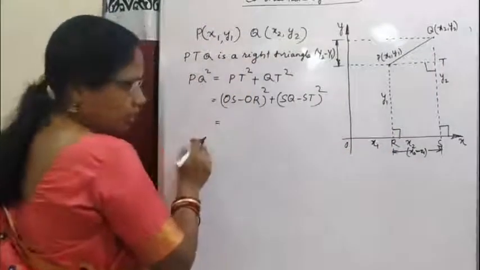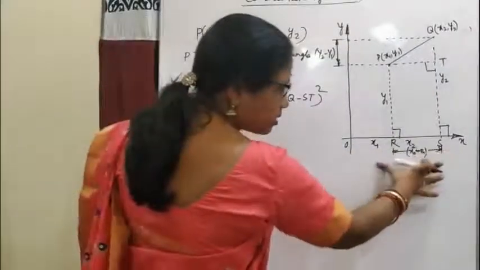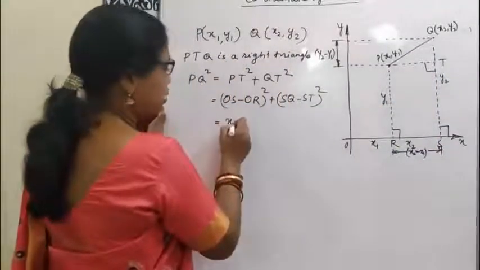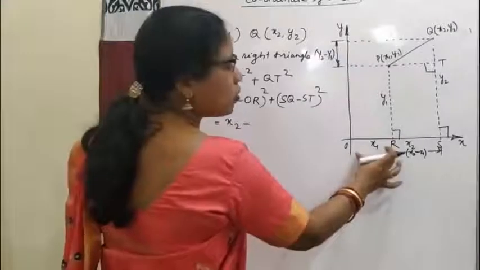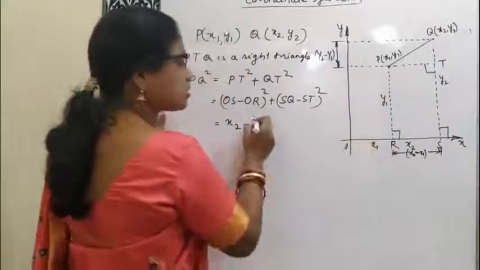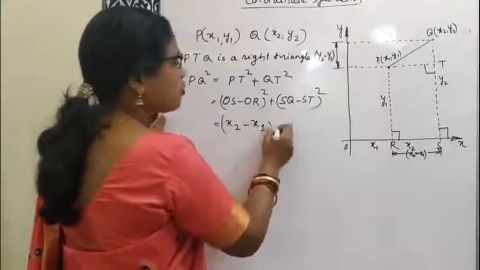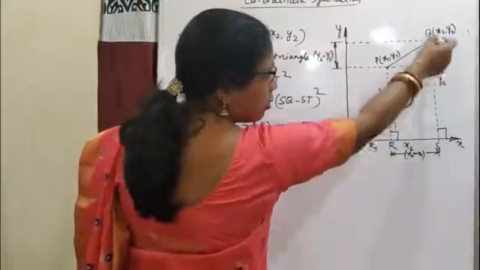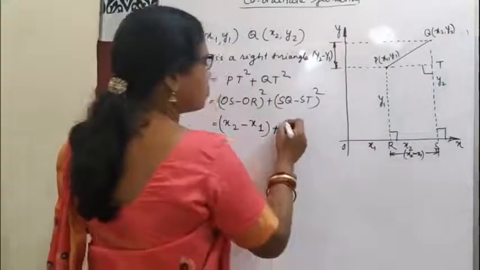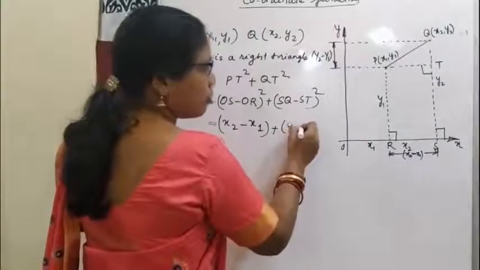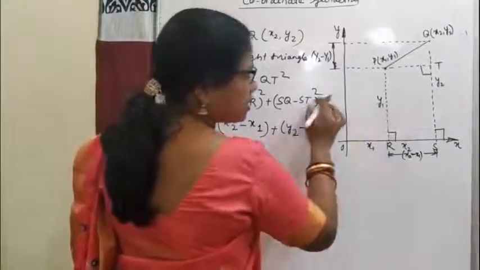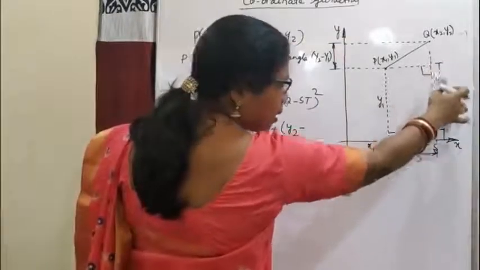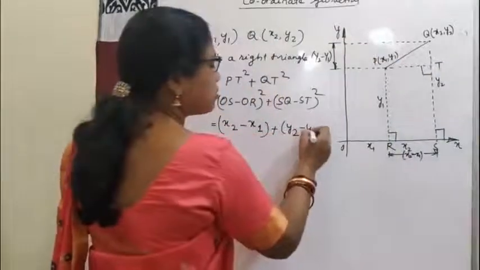So what is OS? OS is the x coordinate of Q, that is x2, minus OR, which is x1. Plus SQ: SQ is the y coordinate of Q, that means y2, minus ST. ST is the y coordinate of P, that is y1.